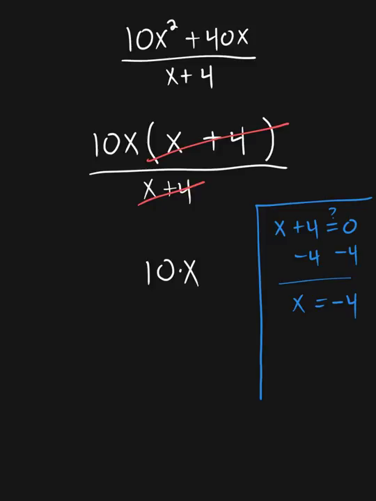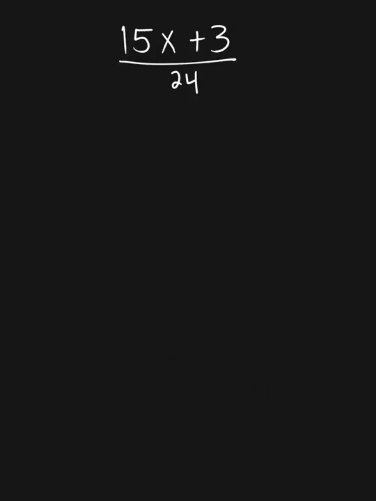I'm going to say, well, 10x is the simplified version of this original expression, but x cannot be negative 4. So this is, as a whole, our final answer, 10x, but x can't be equal to negative 4.